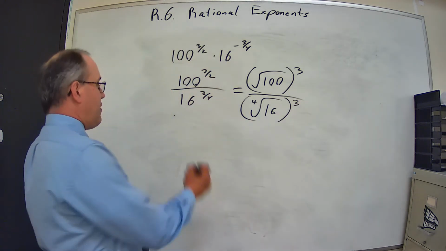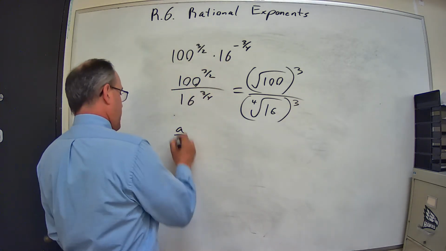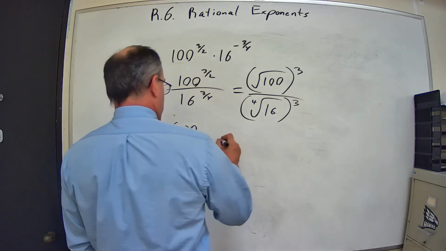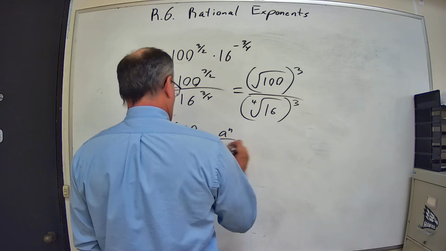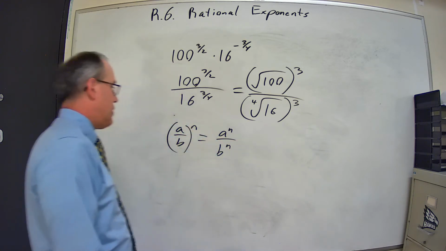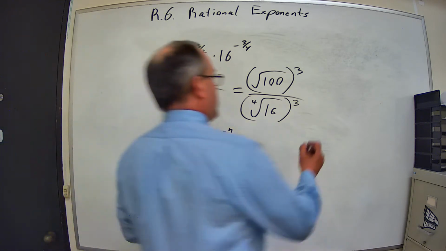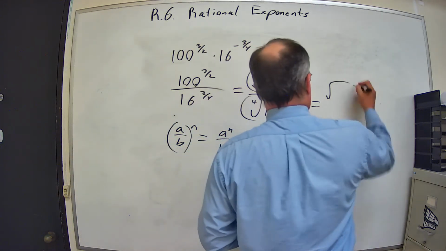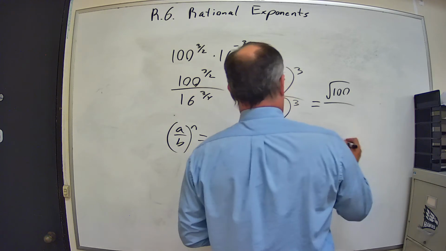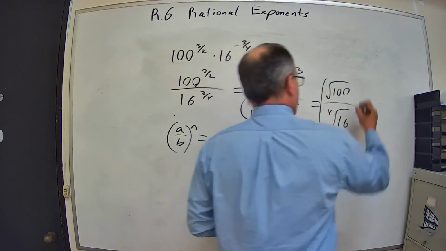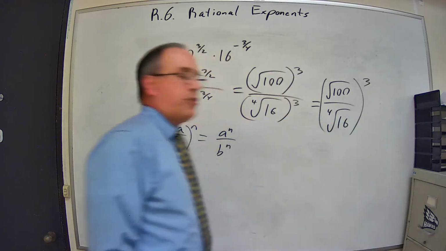Well, actually, we do have that rule. A over b to the n is equal to a to the n over b to the n, right? So we can pull that cubed out if we want. So we can say the square root of 100 over the fourth root of 16, all of that cubed.